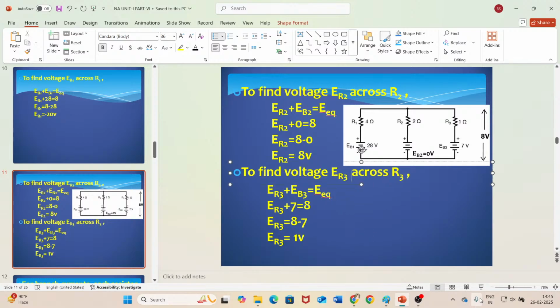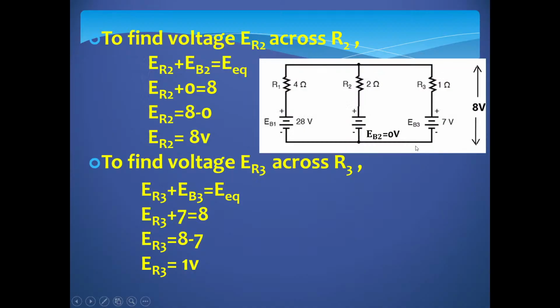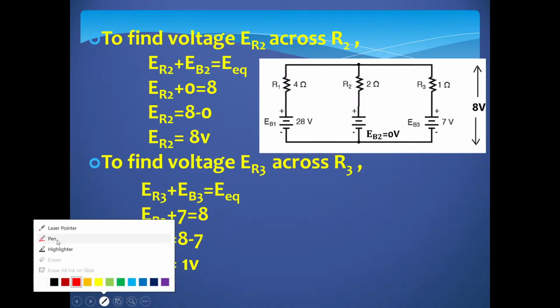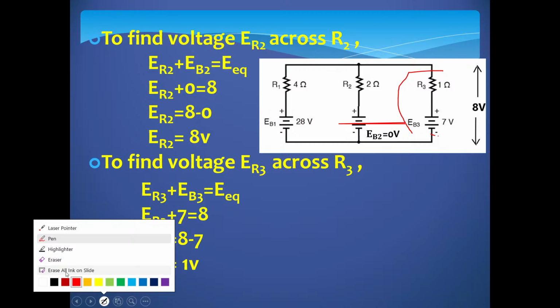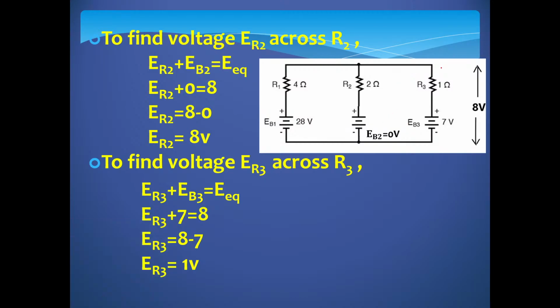Now let us determine the voltage across this third branch. What is the voltage across the third branch? EB3 plus ER3 is equal to the equivalent voltage, that is 8 volts.